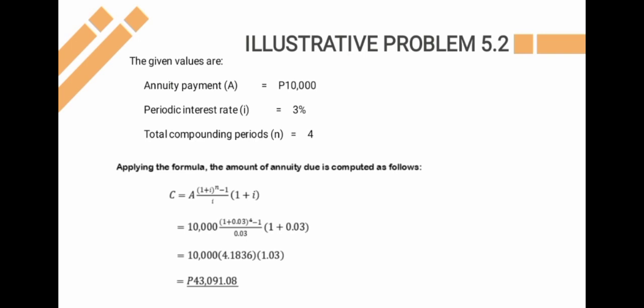When we compute this on the calculator, the result is 4.1836 and 1.03. Computing again, the result is 43,091.8.